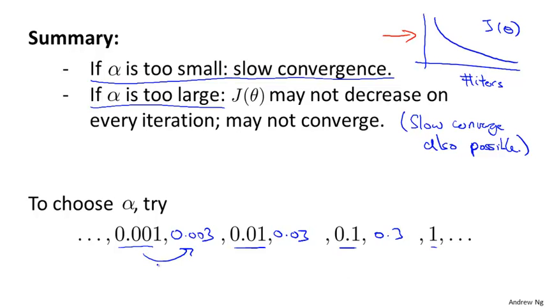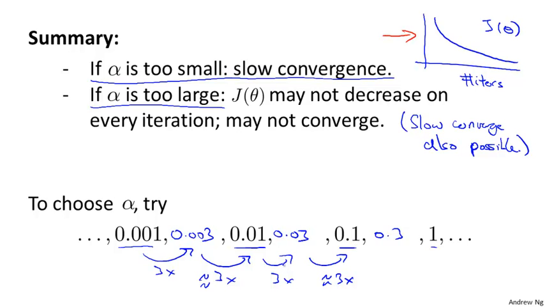I'll then increase the learning rate threefold to get 0.03, and then this step up is another roughly threefold increase, and so on. So I'm trying out gradient descent with each value being about 3x bigger than the previous value.